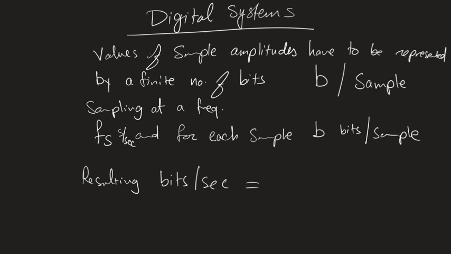For each sample, I have B bits. So what is going to be the resulting bits per second for this whole system? I have Fs samples per second. Each sample is represented by B bits.